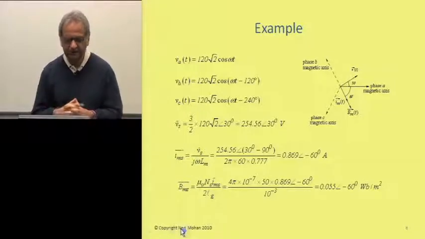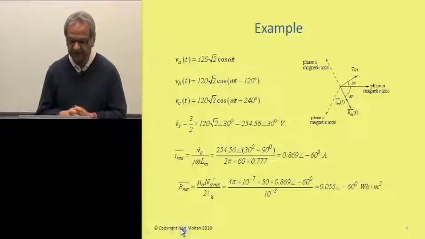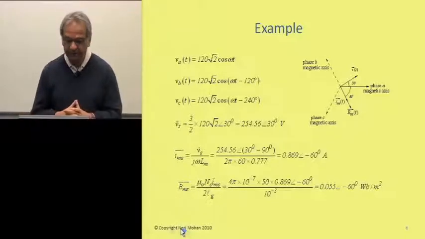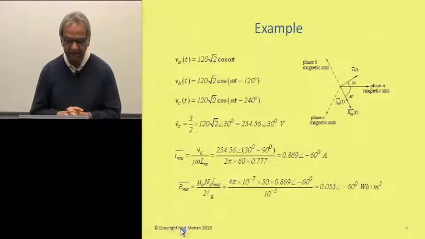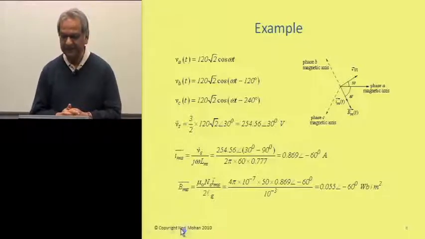Given these phase voltages, we can calculate what the voltage space vector will be. Then, using the expression in the previous slide, we can easily calculate what the stator current space vector will be. We can also individually calculate what the phase currents will be at any instant of time, and we can calculate what the flux density space vector will be in this machine.